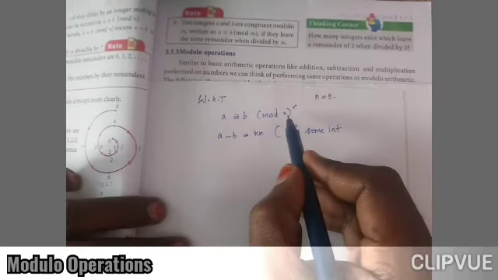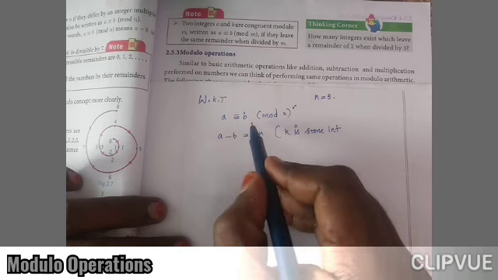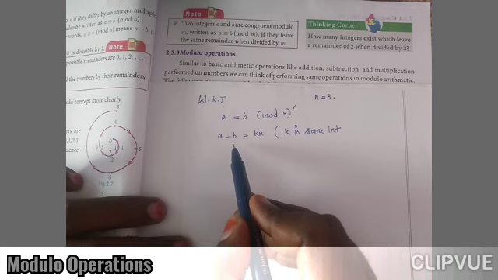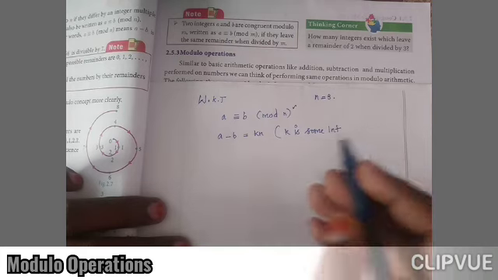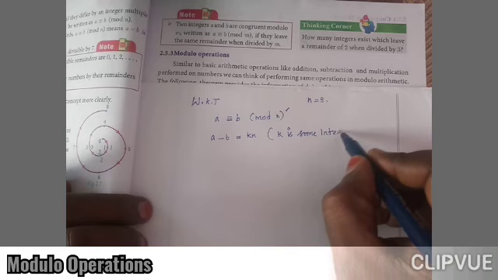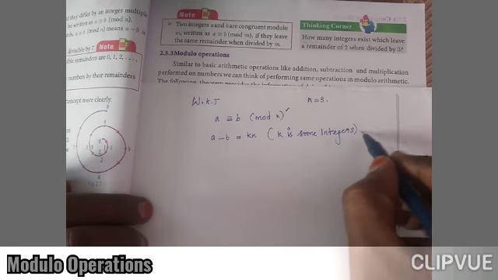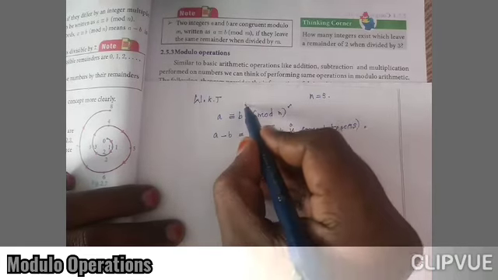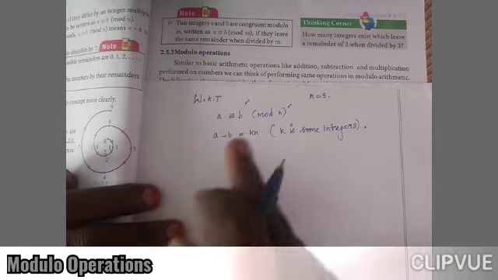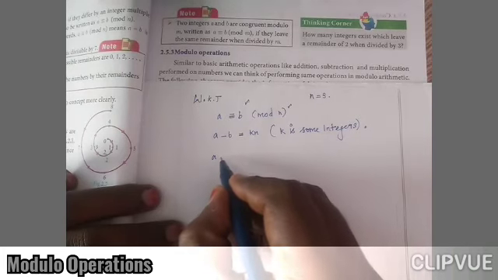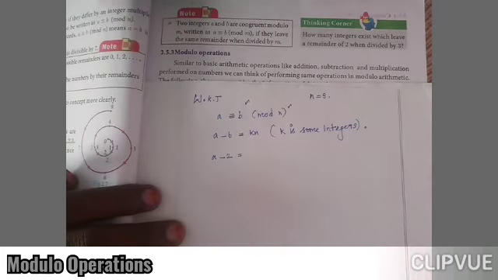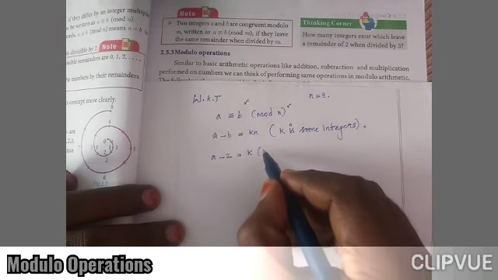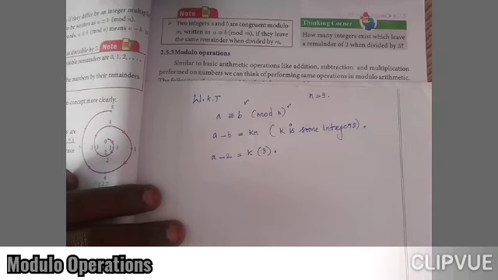If it is in the form a congruent to b mod n, it can be written as a minus b equals kn, where k is some integer. Here b is the remainder, so a minus 2 equals k times n, and n is 3.